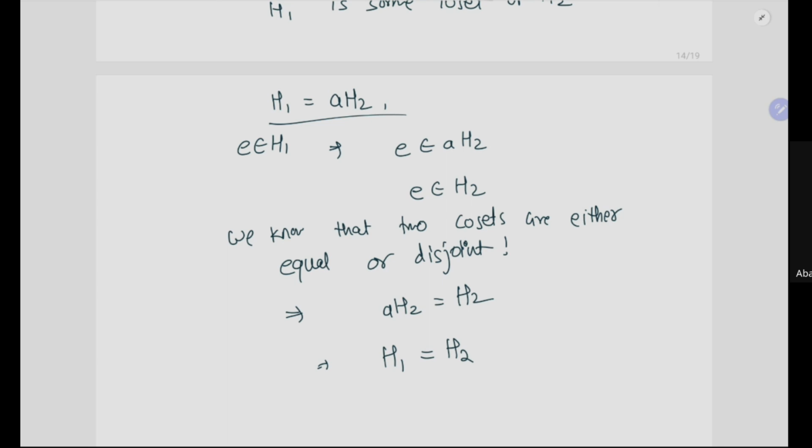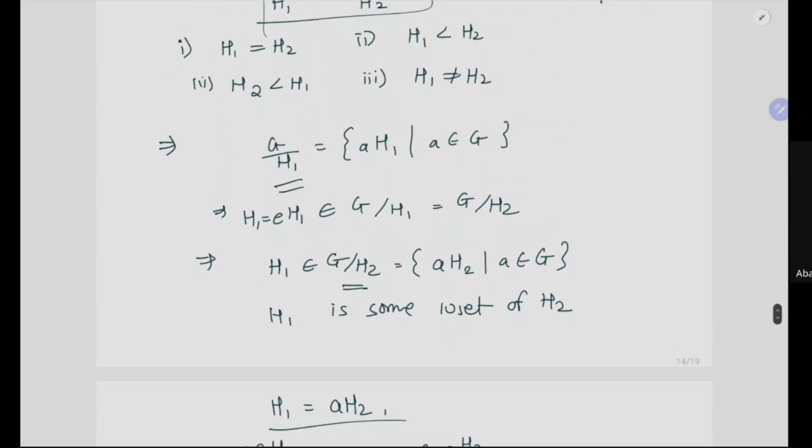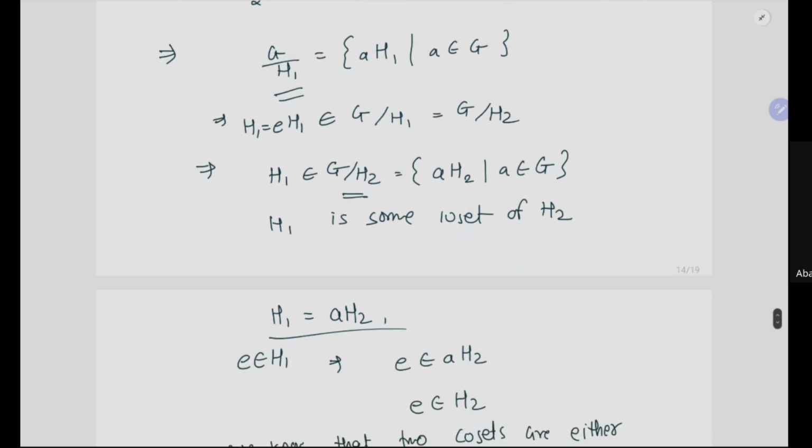Is this clear? Ma'am, can you repeat, please? Yes, let us start. G by H1 is just the set of cosets or quotient group, and we are given that this EH1 is an element of G quotient H1, but it is equal to G quotient H2.